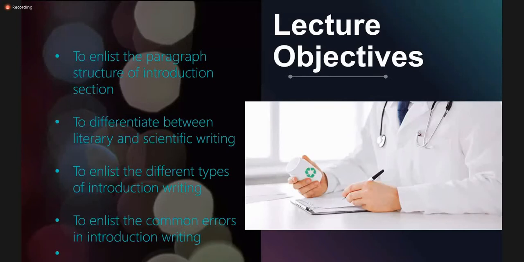Second, we'll see what different types of scientific writing are: medical writing, the types of medical writing, or the classification of medical writing. And in this context, we'll see what is the difference between scientific writing and literary writing. You all have exposure in your previous education to writing essays and other writings for magazines and non-medical writing, and those types of writing are different from the writing we are going to discuss today.